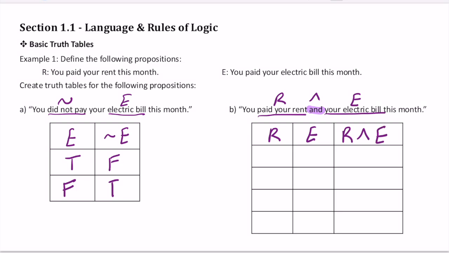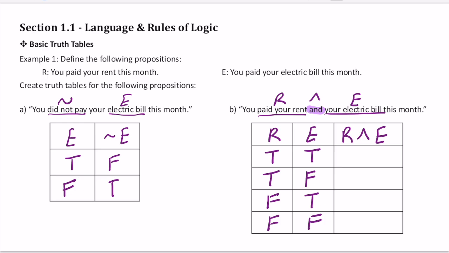Next, we will fill in all of the possible truth values for the given proposition, such as you paid your rent and electric bill, you paid your rent but not your electric bill, you did not pay your rent but you paid the electric bill, and finally, you did not pay your rent or your electric bill.